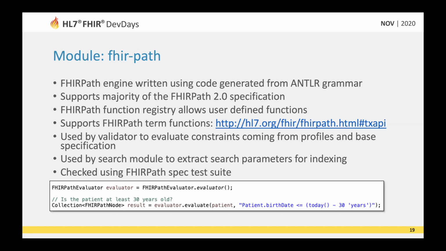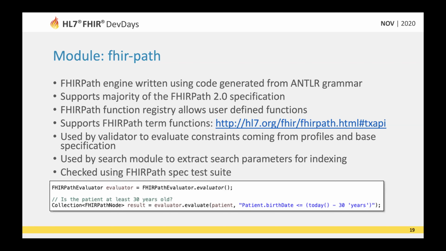Really the FHIRPath engine is used in two primary places. It's used by the validator to evaluate constraints that are coming from profiles and from the base specification. It's also used by our search module to extract search parameters for indexing. We check the conformance of our FHIRPath implementation using the FHIRPath spec test suite.